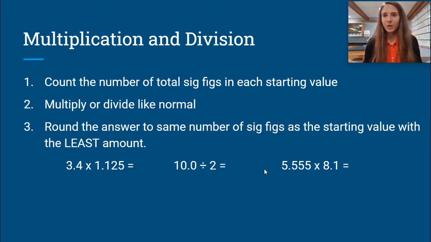Right? If you think about a race, I always hear people say that we can only be as fast as our slowest runner. It's kind of the same concept here. We can only be as precise as our least precise starting value for adding, subtracting, multiplying, and dividing. That's how you do operations with sig figs.